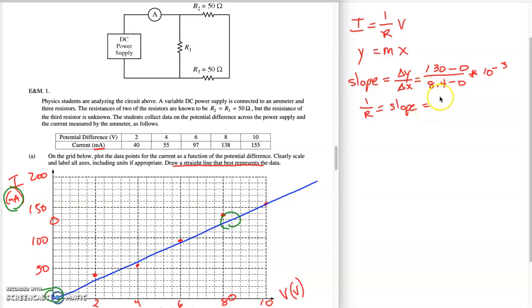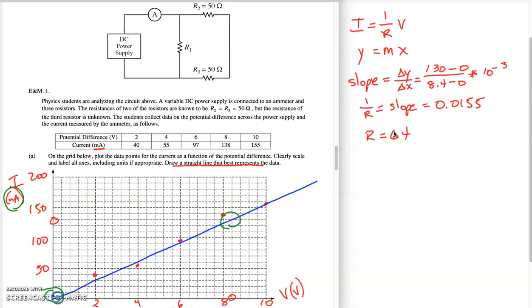Looks like 0.0155, and that means the resistance is going to be 64.5.